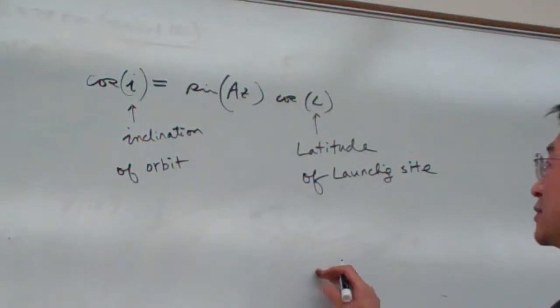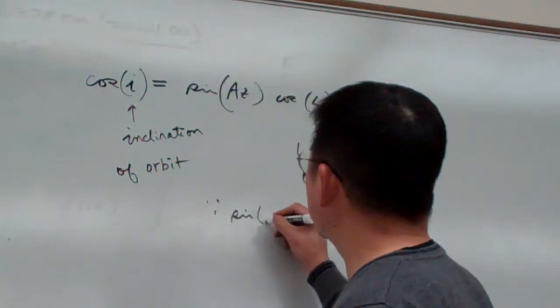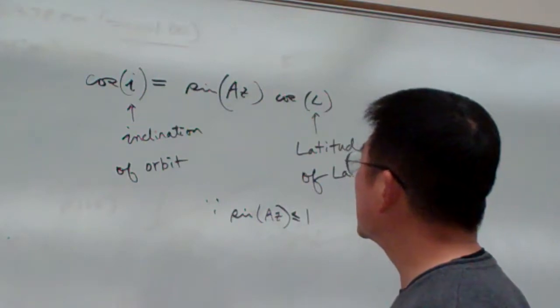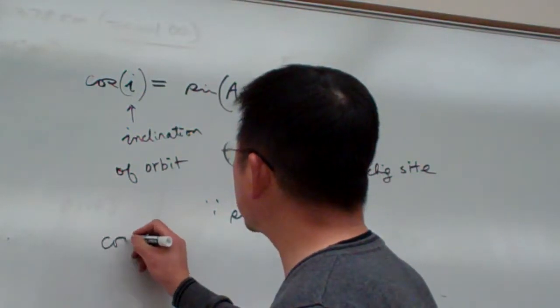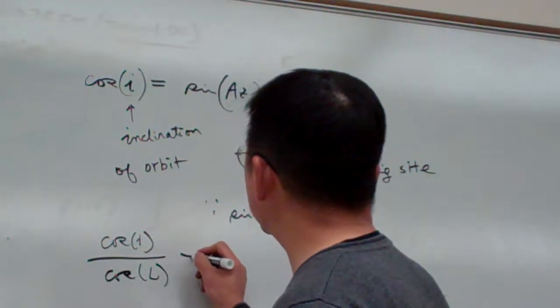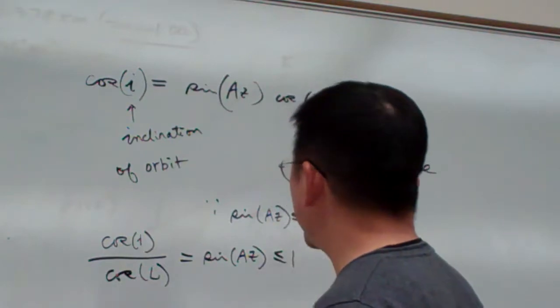So from here you can see, because sine Az is always less than 1, cosine I divided by cosine L equals sine Az, which is less than 1.